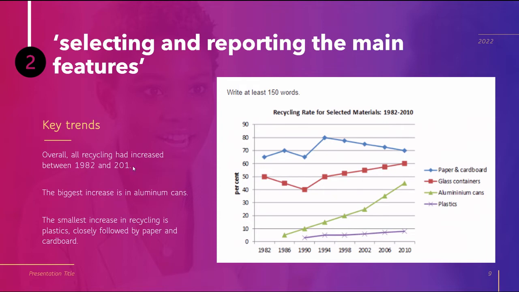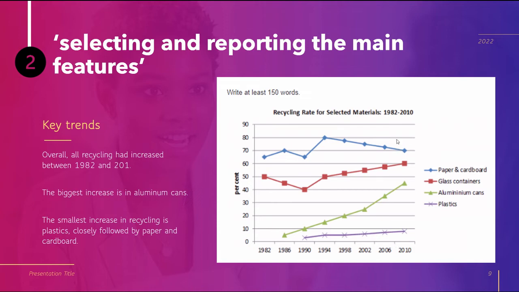So if we look overall, for each one of these materials, there has been an increase. In some instances, for example, plastics and paper and cardboard, that increase is very, very small. But nevertheless, there still is overall a general trend of increase amongst all of those materials.